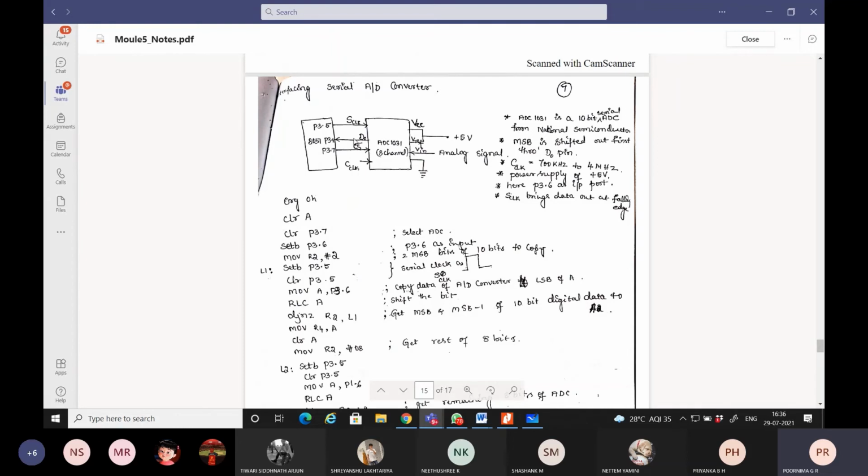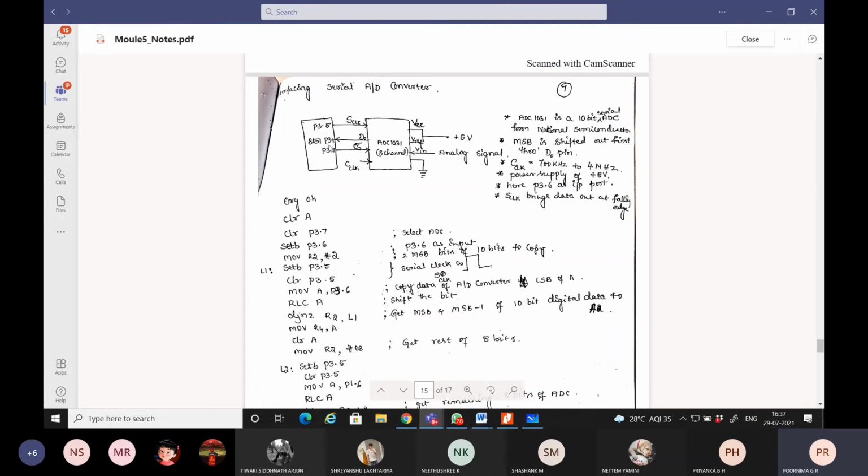Here, serial ADC means the ADC will convert 10 bits of output, but its output going to 8051 is of only 1 bit. So in such cases, how will the design be? For ADC 1031 and 8051, you can look at here, represented within the block diagram, how they have been connected.